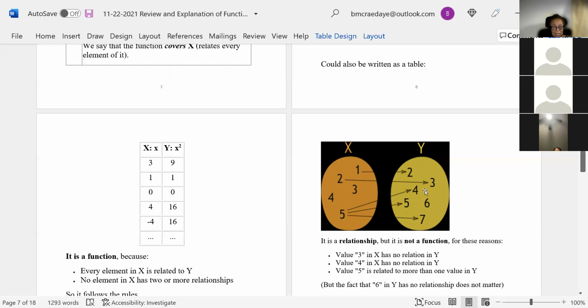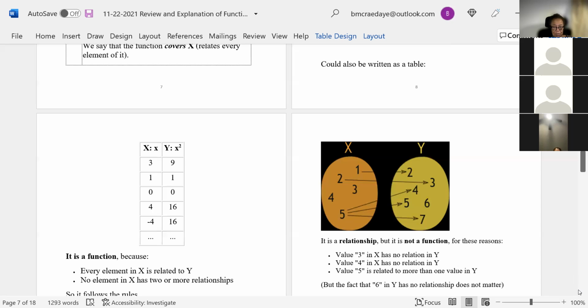You don't see any lines from 3 and 4 to a Y value. And then you see 5 actually mapped to 3 different Y values. So even if 3 and 4 were mapped to values, this wouldn't be a function because 5 is mapped to 3 different Y values, and it can only be one Y value.